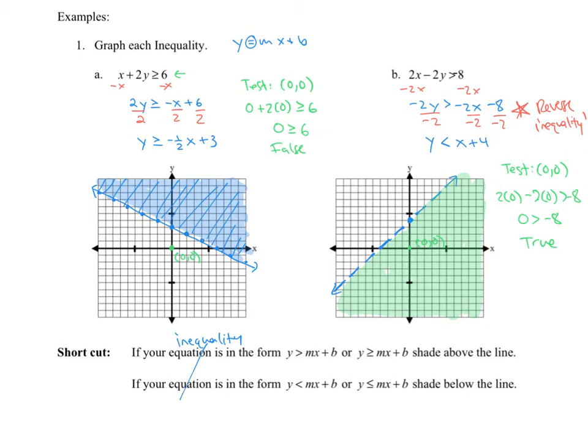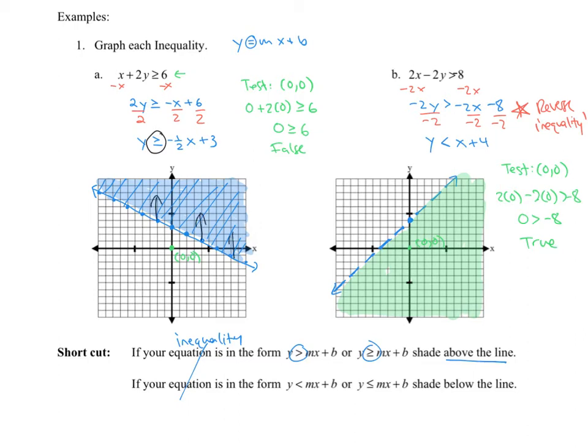If you have a greater than symbol, or a greater than or equal symbol, you're going to shade above the line. So if we look back to example 1a, we had y is greater than or equal to -1/2 x plus 3, and we shaded above the line.